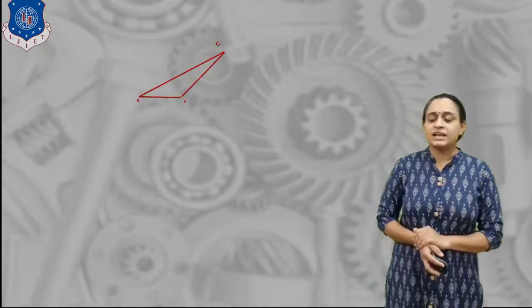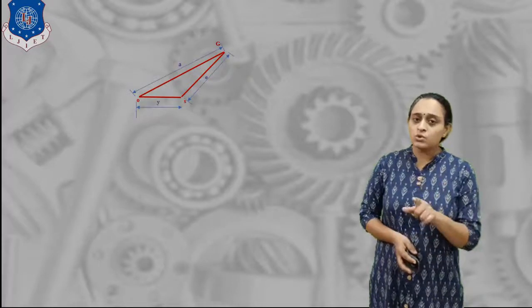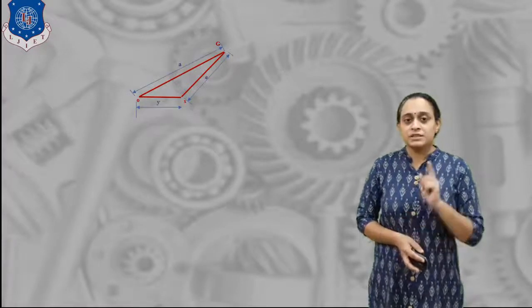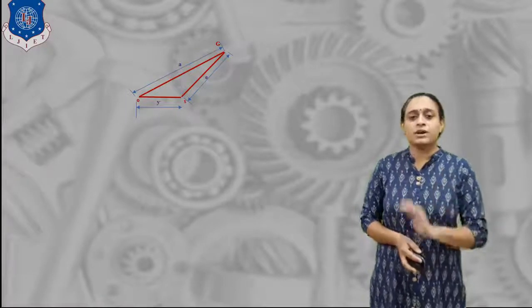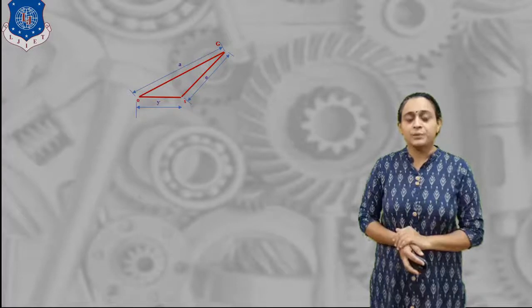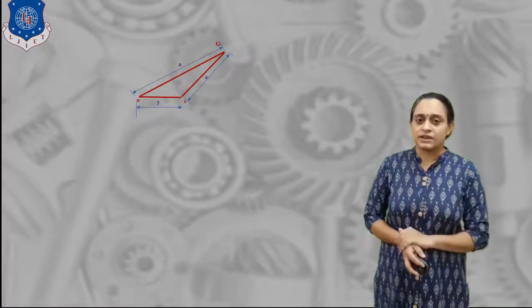Okay. Now let us solve the triangle. As we have already discussed, the triangle O, S, G is just this. The distance between O and G is a, the distance between S and G is e, and the distance between O and S is y.